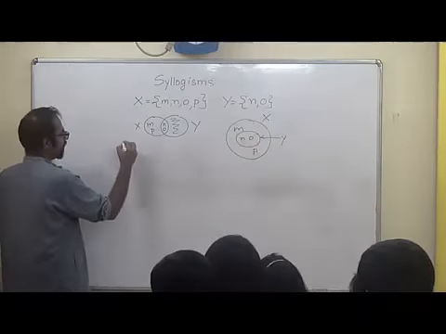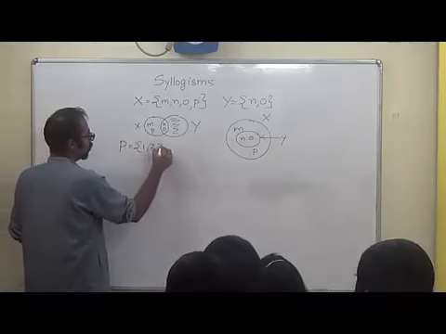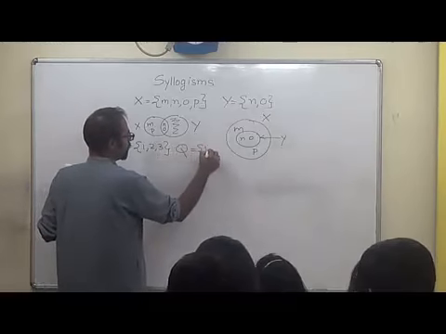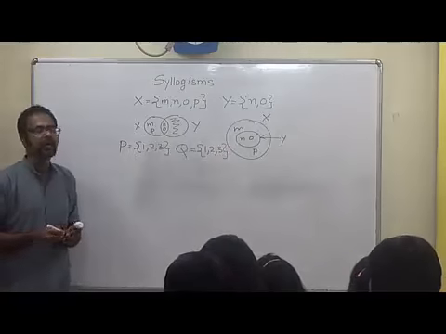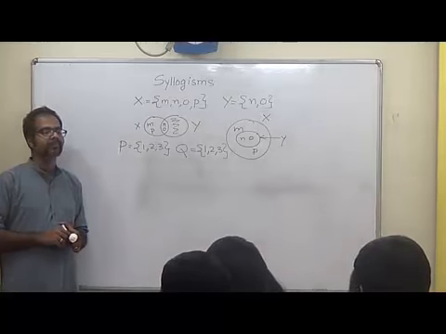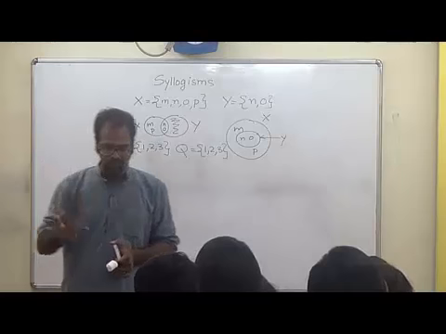And finally, if I say P is the set of elements 1, 2 and 3, and Q is the set of elements 1, 2 and 3, how do I represent this using a diagram? P contains the numbers 1, 2, 3.